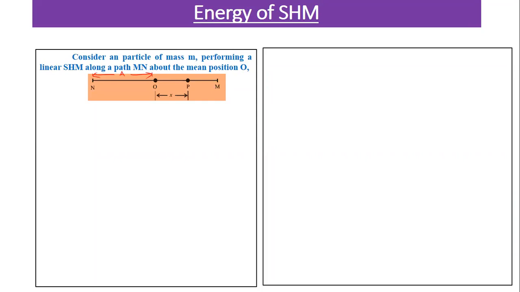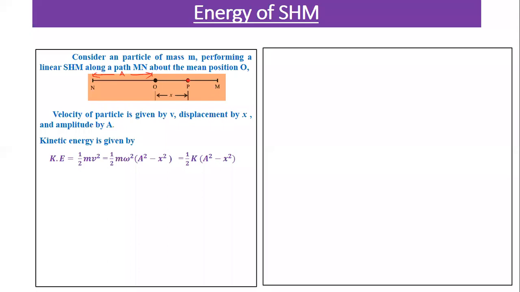Now the particle is at any point P, which is at a distance x from the mean position. Then the velocity of the particle at displacement x is given by the formula v equals omega under root A square minus x square.